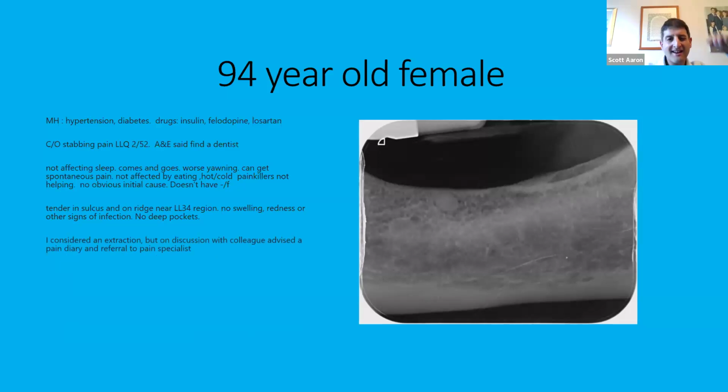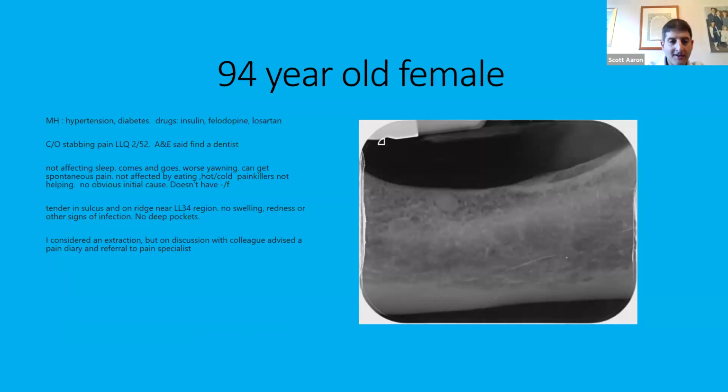So I thought about extracting it. It didn't quite sit right. So I chatted to a specialist colleague, and we decided we were going to recommend you keep a pain diary. So just tell them to write down over the next week when it hurts, what you were doing beforehand, what you did to make it stop, how long it lasted, that sort of thing.